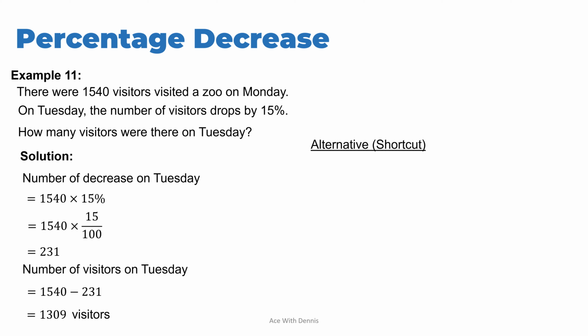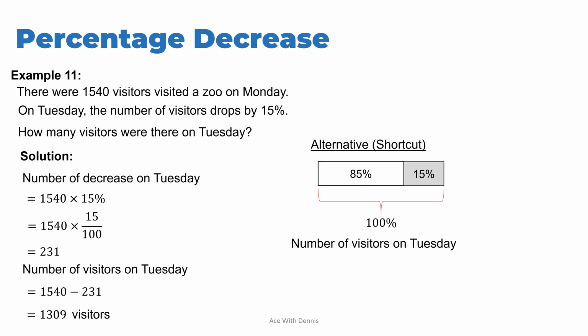The first step is to find the number of decrease, then to find the number of visitors on Tuesday. So there's another way, the alternative method. We can skip one step, which is to find the number of decrease first. Here's the concept. This is one whole, which is 100%. When it dropped by 15%, there's a remaining 85%.